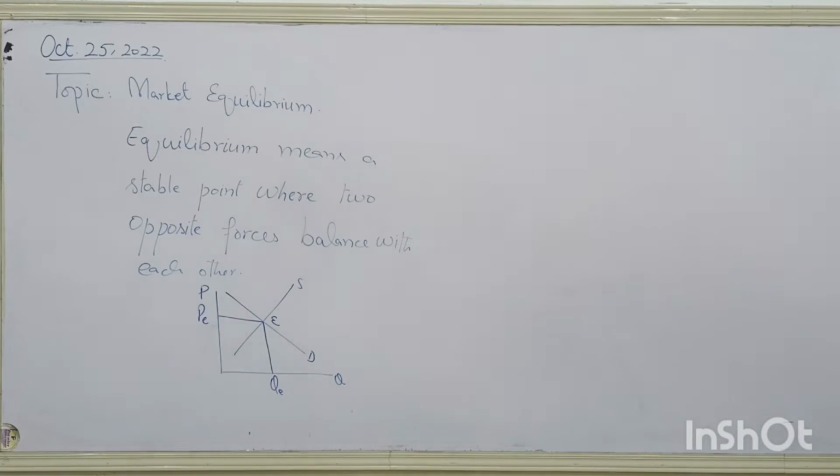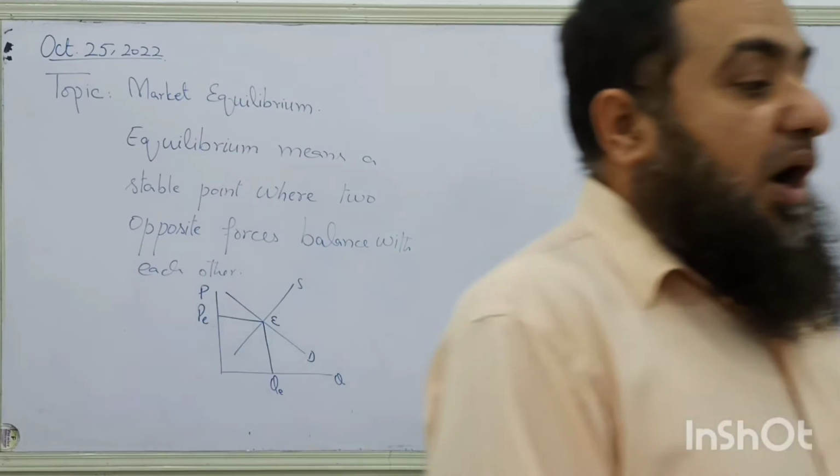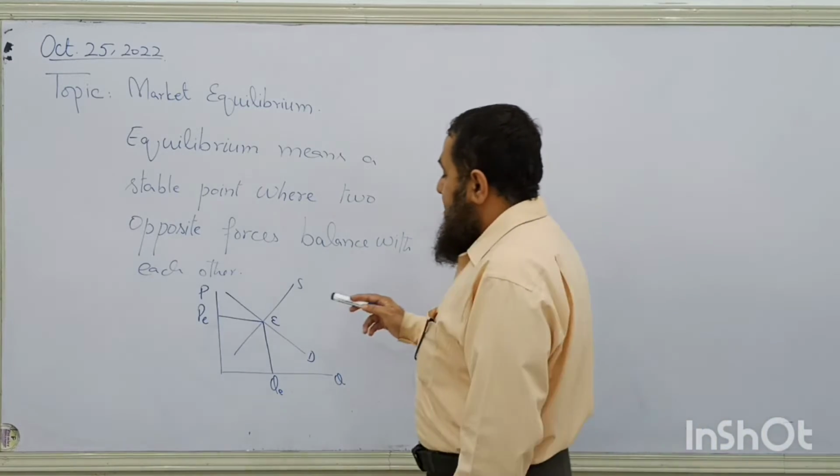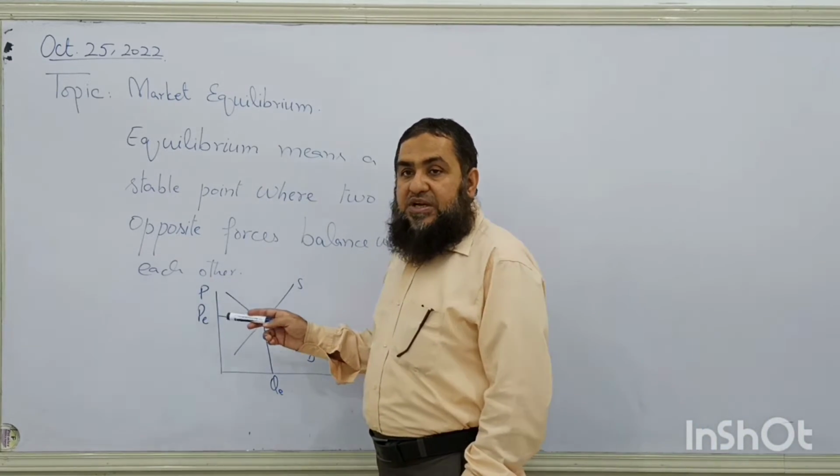Now we are going to see how we can justify that this is the stable point, and why any other point other than this equilibrium is not a stable point, or is called disequilibrium. At equilibrium the two forces are balanced.